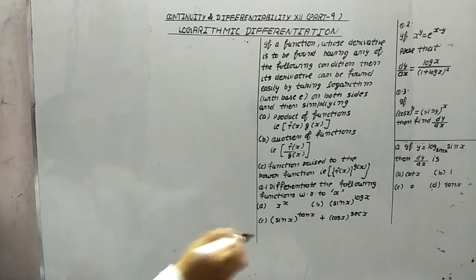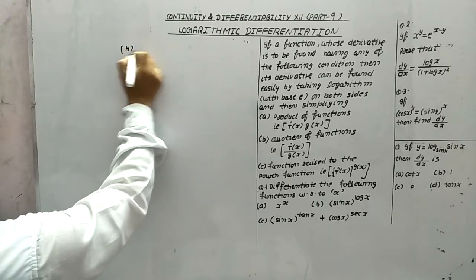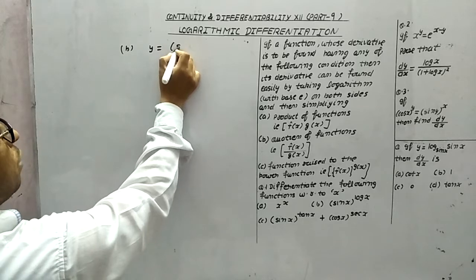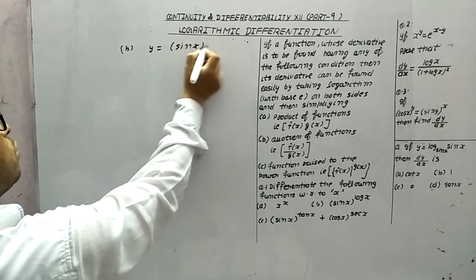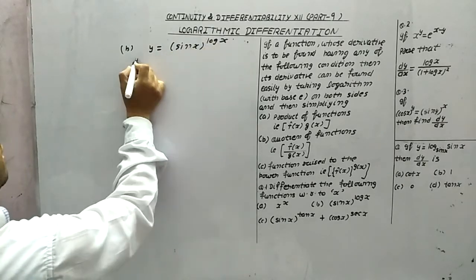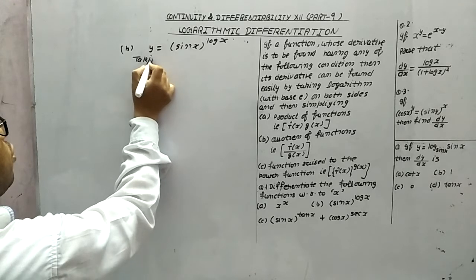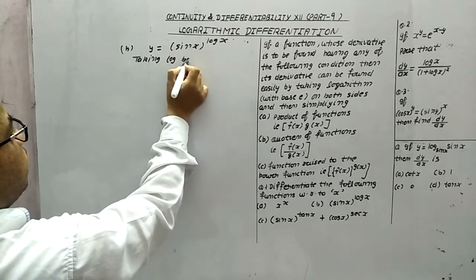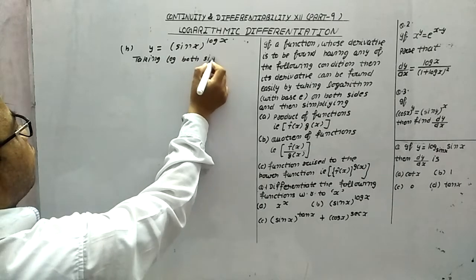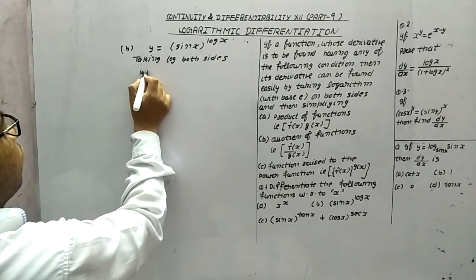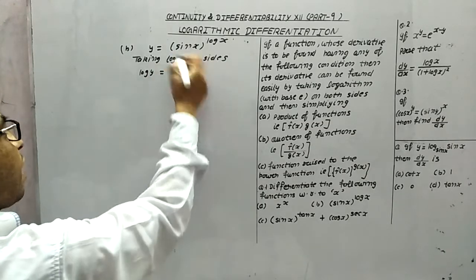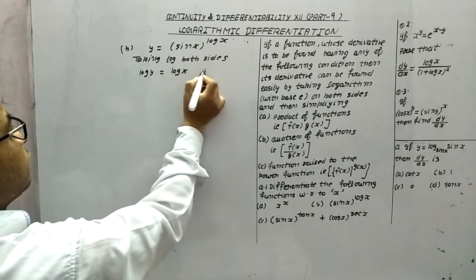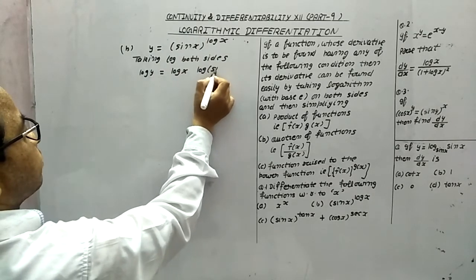Now look at this thing. Second, B part, we have y. Let us suppose y is equal to sine x, whole raised to power log x. So again taking log of both sides, what will come? Look at this thing. Log y is equal to, I am applying the rule directly here, log x times log sine x.